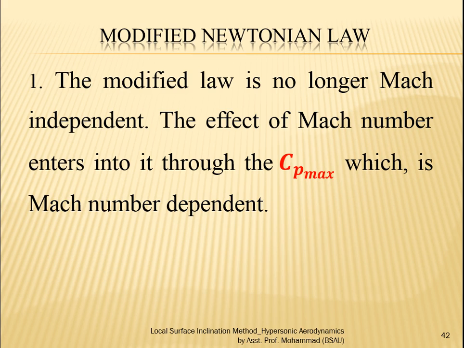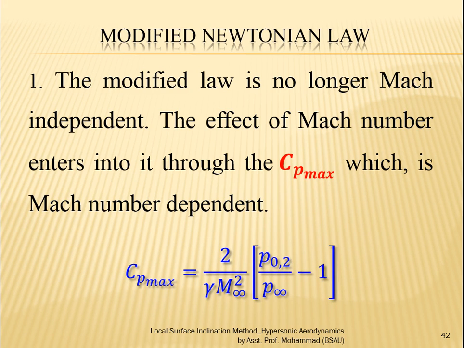But it was nowhere available inside the equation. The modified law is no longer Mach independent. The effect of Mach number enters through the Cp max, which is Mach number dependent. This ratio depends upon the Mach number, and Mach number is also available because of the dynamic pressure here.